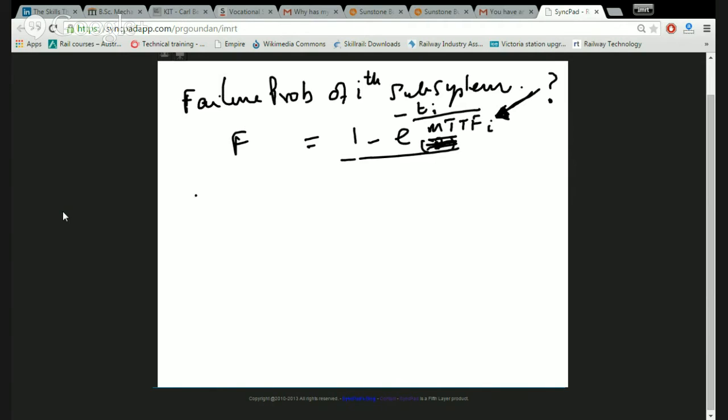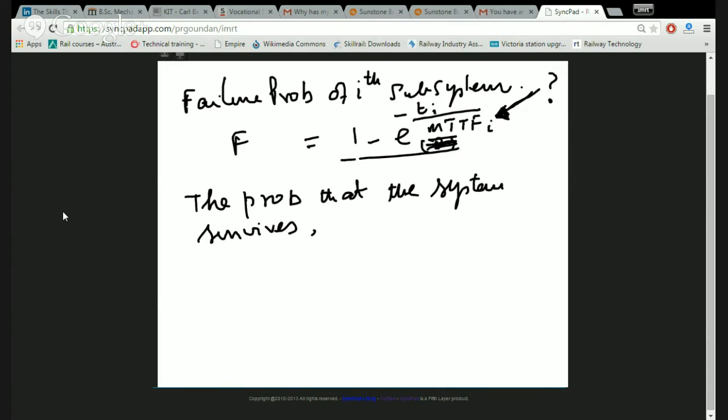Now, the probability that the big system, the entire system, survives and the ith subsystem fails.